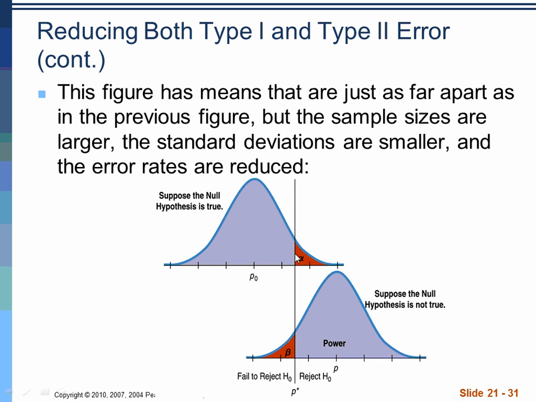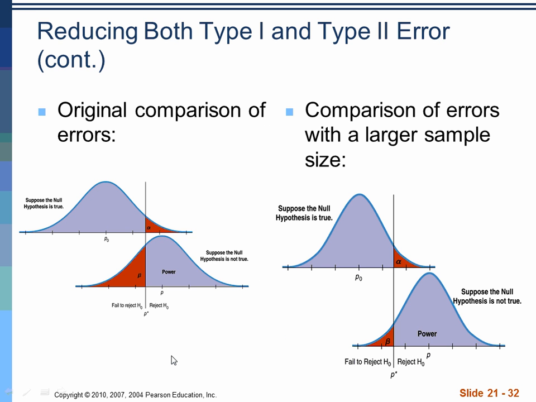So again, alpha and beta. Alpha is when we are supposing that the null hypothesis is true, and beta is when we suppose that the null hypothesis is not true. So again, take a look side by side. Our original comparisons, notice the normal model, and then compare of errors with a larger sample size.